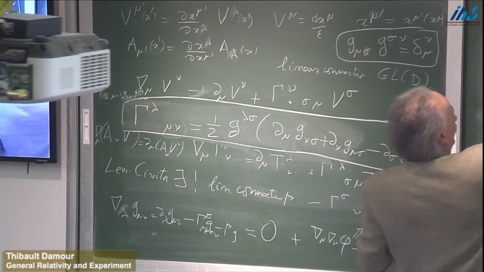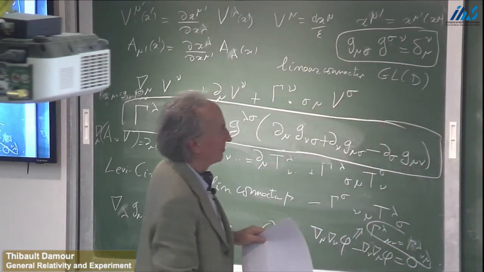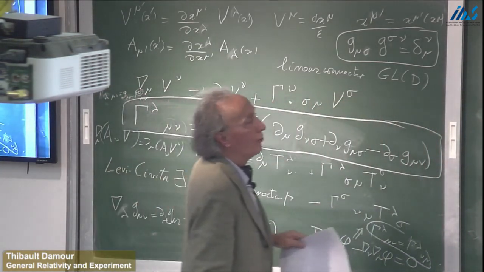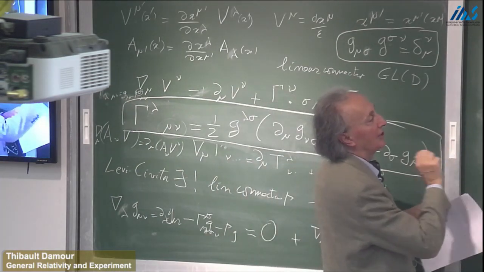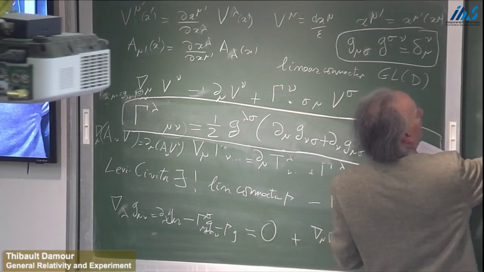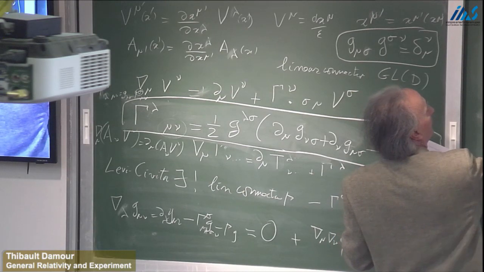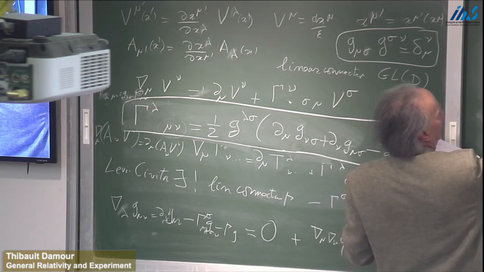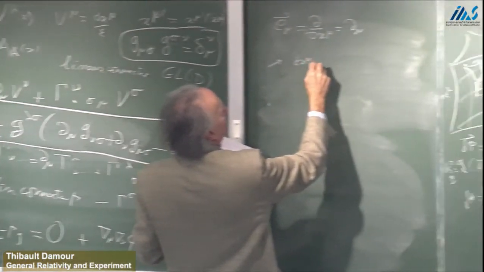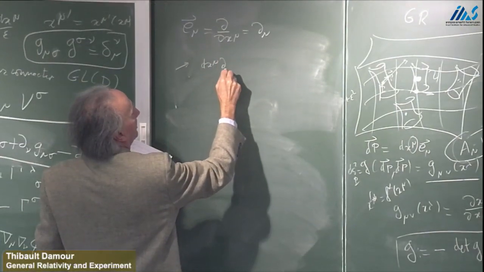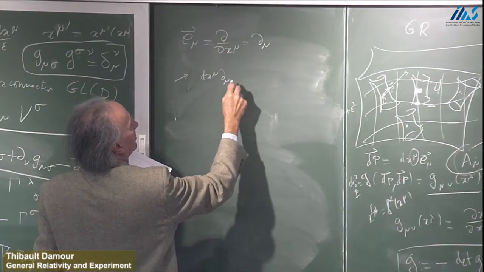So let me explain a little bit this notation, which sometimes is surprising. A vector means an infinitesimal displacement. So when I have an infinitesimal displacement with coordinates dx nu or anything, I can take a derivative along the direction.